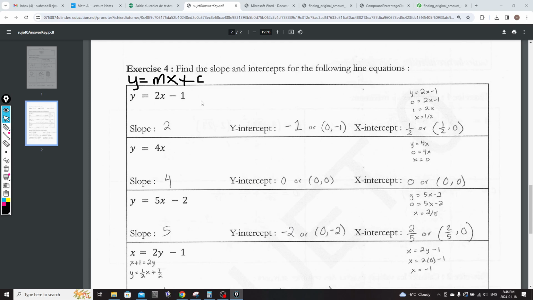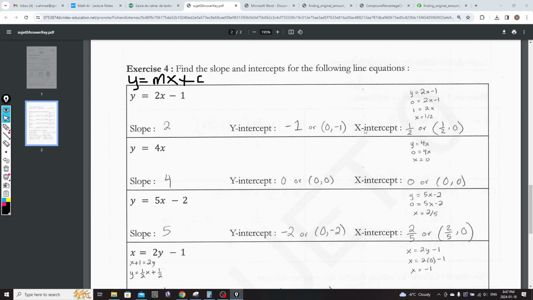So as long as your equations are in that format, y equals mx plus c, you're going to be able to read the slope and the y-intercept straight from your equation. So here, when it's asking you what's the slope, well, that's 2, right? It's m. And when it's asking you what's the y-intercept, that's going to be c's value, which is -1. Okay? So that's the slope, that's the y-intercept.